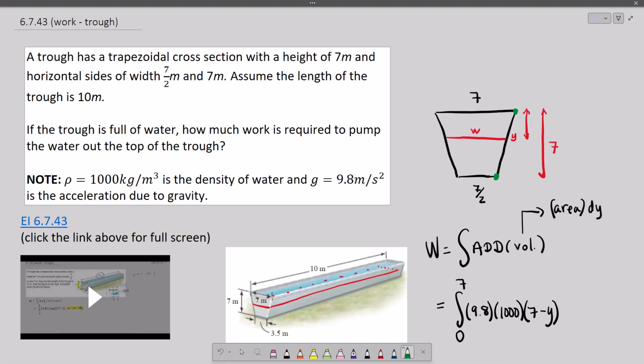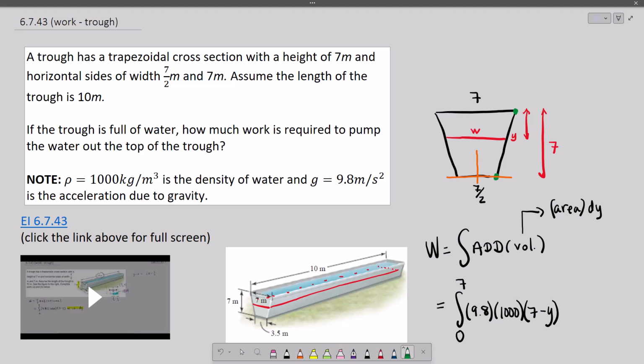The easiest way to find the equation of a line segment that's not going through the origin, and this one is not, we're imagining our coordinate system right there. A line through the origin, we could just use y equals mx. But if it's not through the origin, easiest way is to use the point slope formula.